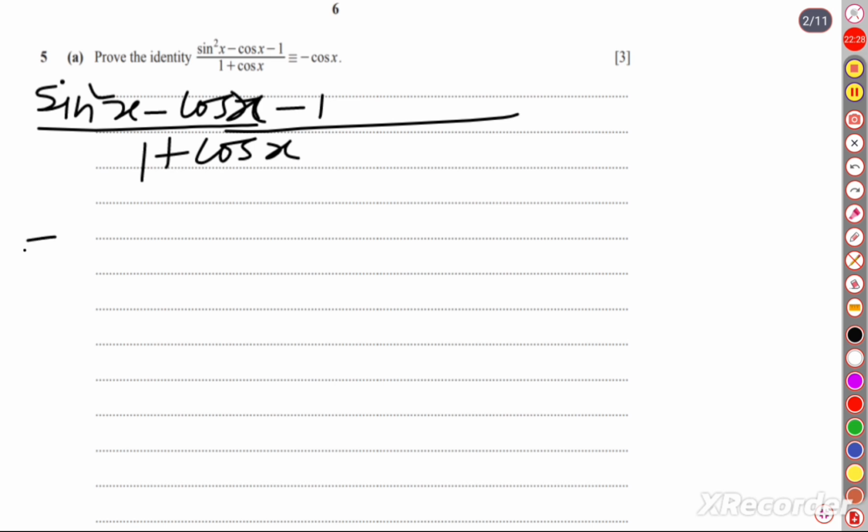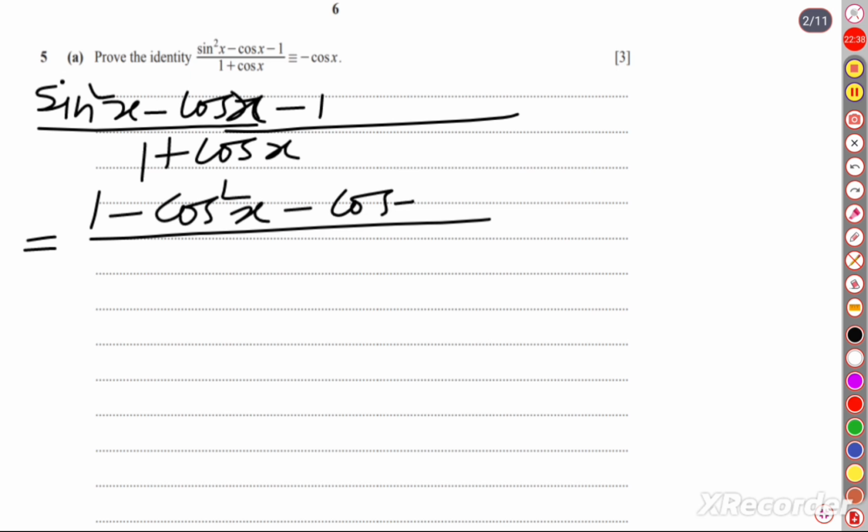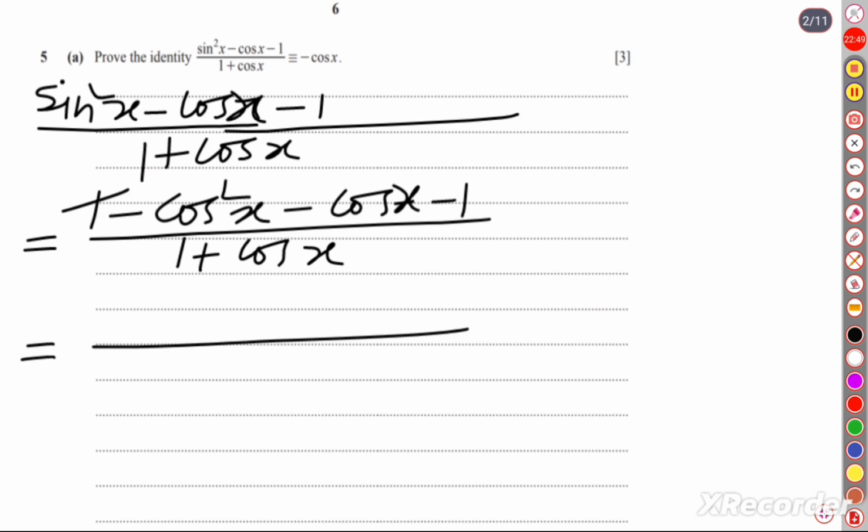Then in the numerator we know that sin²x means 1 − cos²x, so 1 − cos²x − cos x − 1 over 1 + cos x. Well, the 1 and the −1 cancel out.